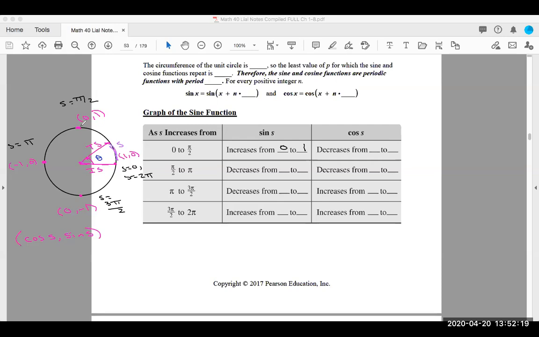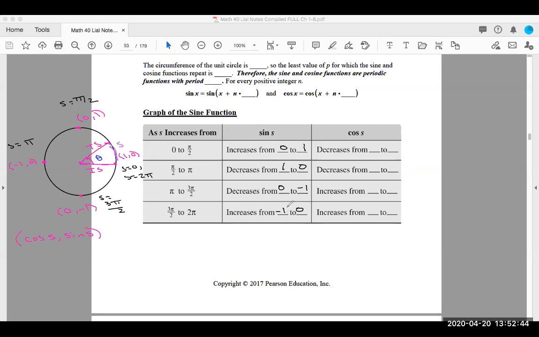If we're at pi over 2 and we go up to pi, we see that we decrease from 1 to 0. From pi to 3 pi over 2, we decrease from 0 to negative 1. And finally, from 3 pi over 2 to 2 pi, we increase from -1 to 0.